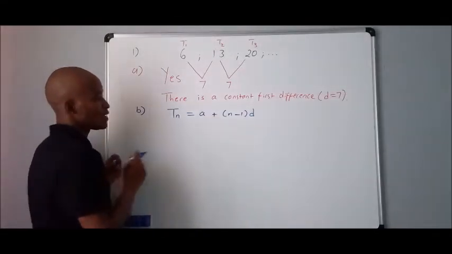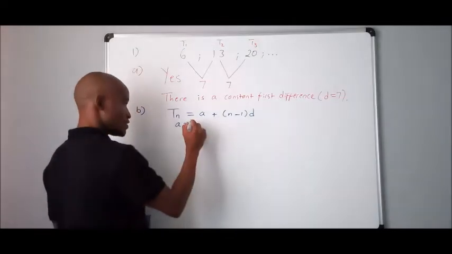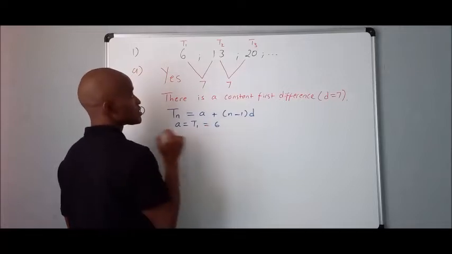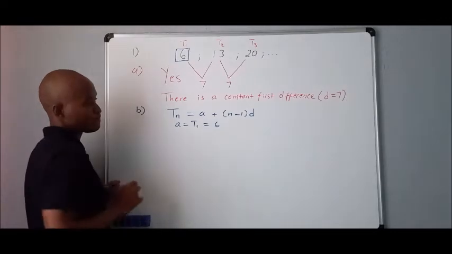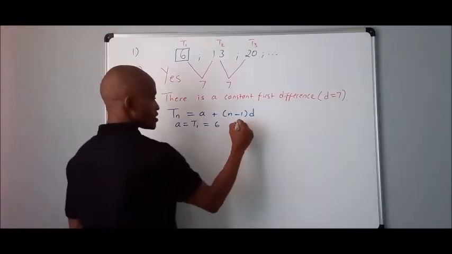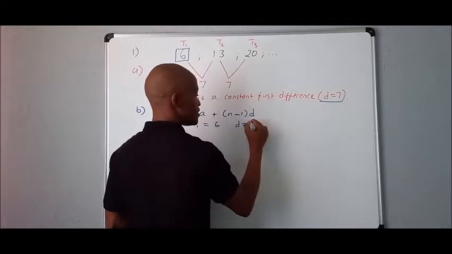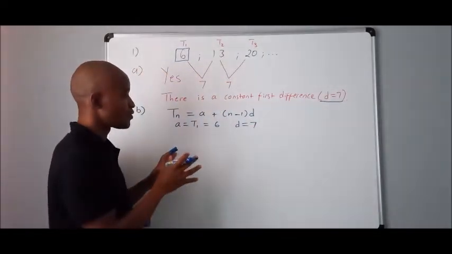We understand that a is equal to what? The first term, and that is equal to 6 according to the given sequence right there. Okay, what is our value of d? Our d is this guy right there. It's 7. All right, so far I believe you're with me.